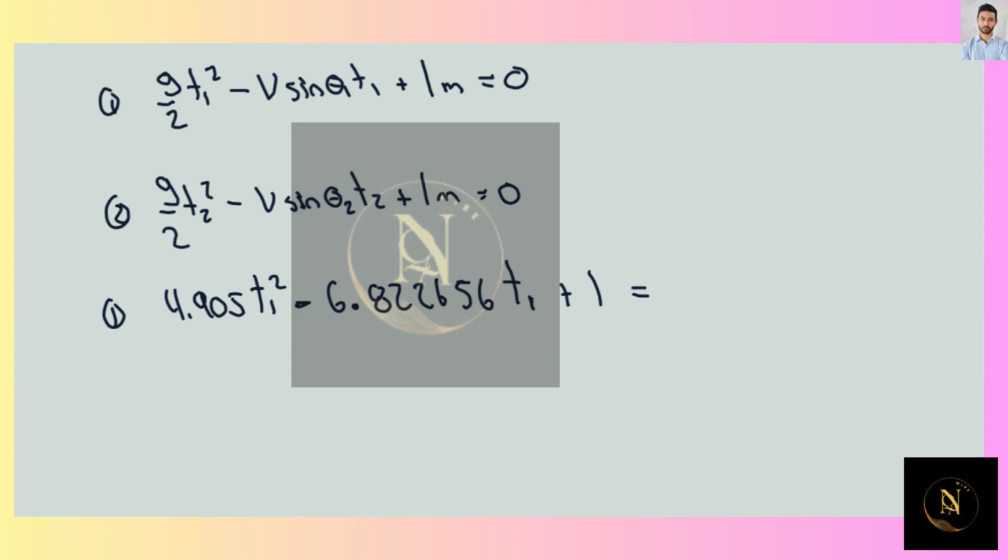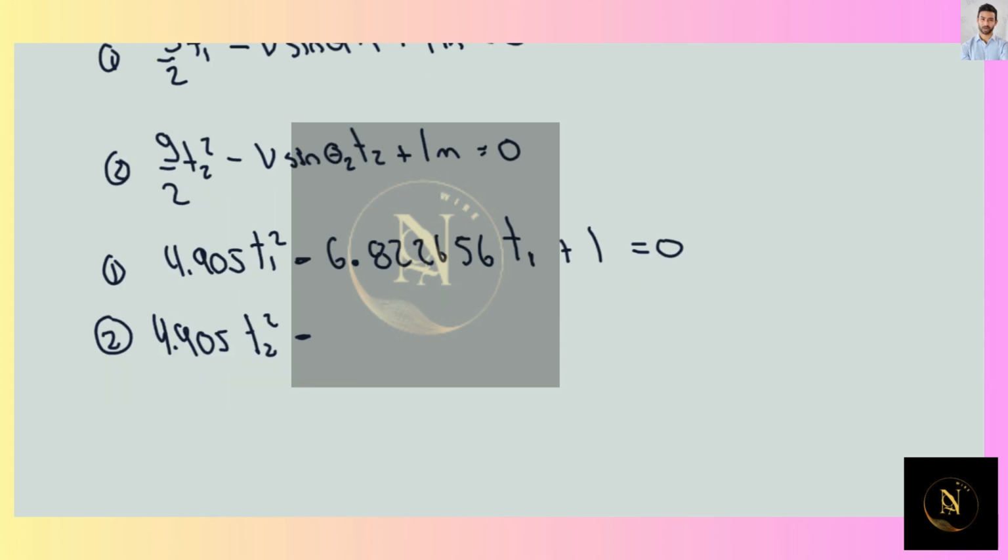Plus 1 is equal to 0. And the second equation is going to be 4.905 t2 squared minus 5.9550716 times t2 plus 1 equal to 0.